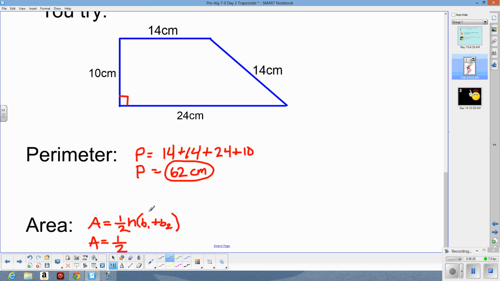Now the height for this particular example is 10. It actually is a side and the height of the trapezoid, because this is the distance between the two parallel sides. So the height, again, is 10 times the sum of the two bases. We have 14 plus 24.